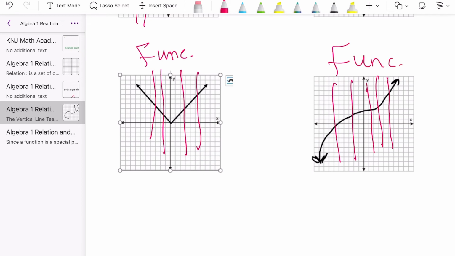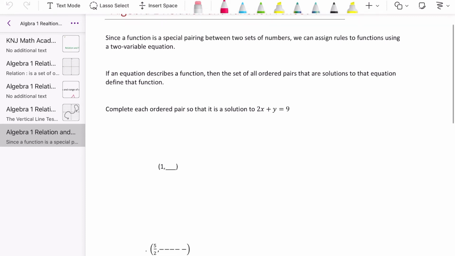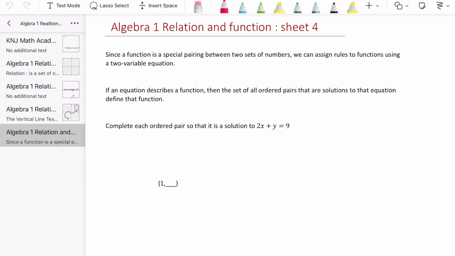Okay, the last thing I'm going to cover in this video for relation and function is the concept that since we have a function, which is a special pairing between two sets of numbers, we can represent this function using a two variable equation.